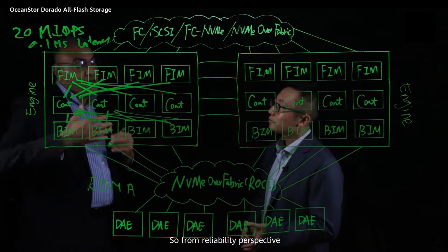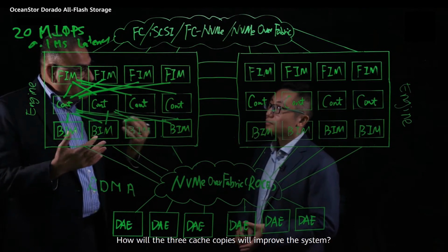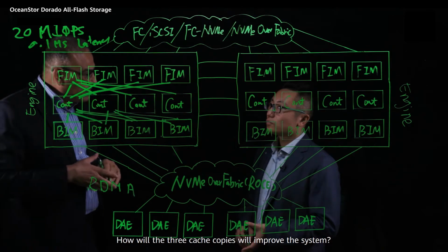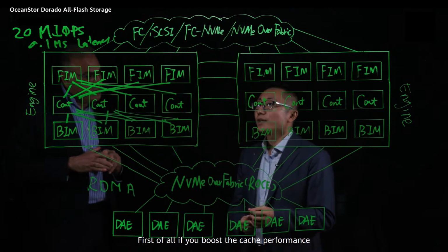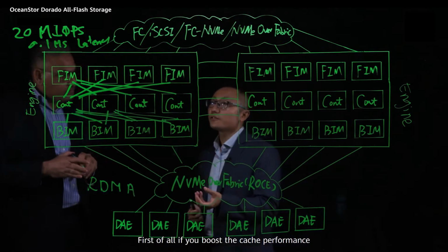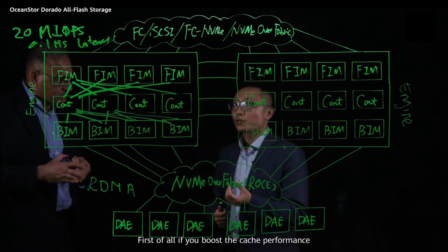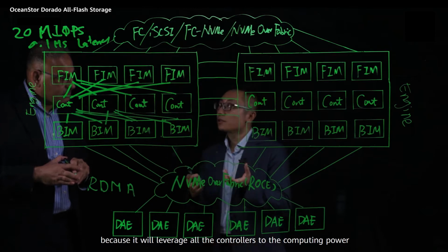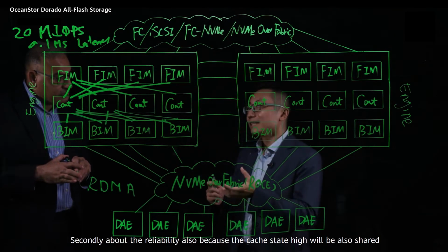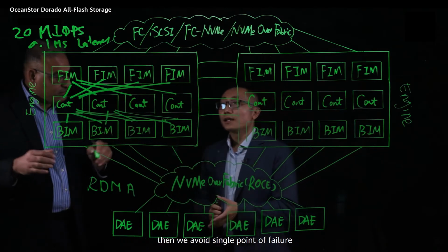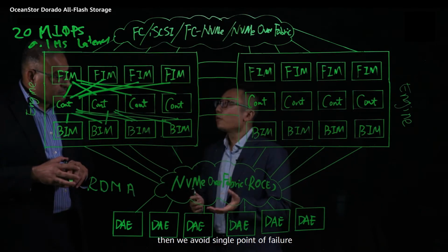So from a reliability perspective, how will the 3 cache copies improve the system? Well, it's because of this shared cache. First of all, you boost the cache performance, because it will leverage all the controllers' computing power. Secondly, about reliability, because the cache data is also shared, it avoids the single point of failure.